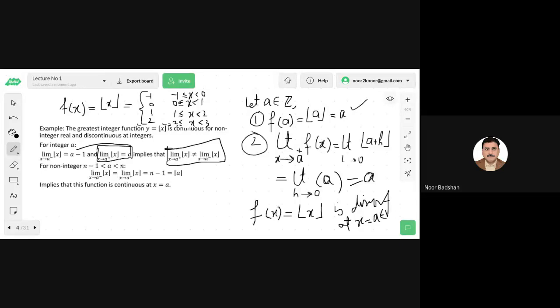If somebody asks you, can you prove that greatest integer is discontinuous at x equal to a, you would say yes, I can, and that's the process to do it. That's good. Now we consider non-integer.